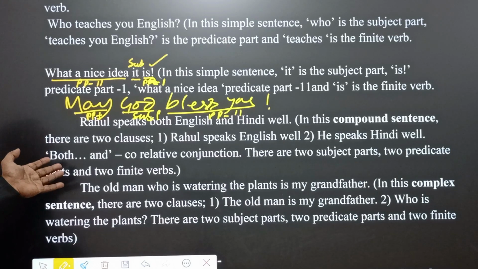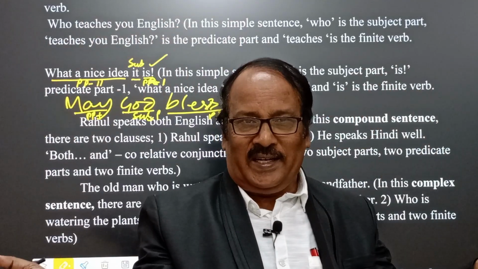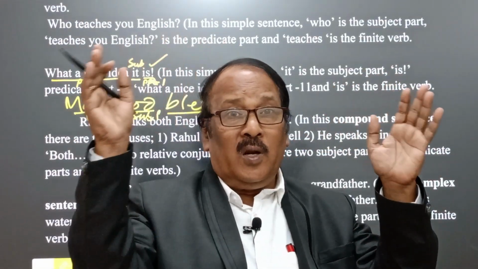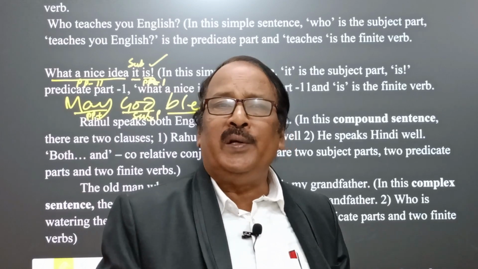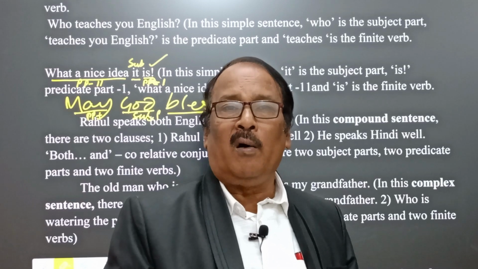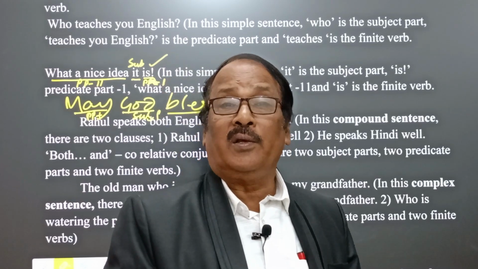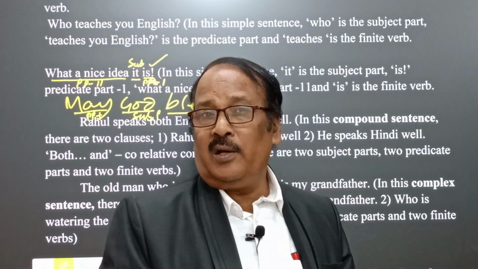Again, another example: Rahul speaks. If we go to the compound sentence, remember, a compound sentence may be formed of 2 clauses or more than 2 clauses. So here the factor is clear.